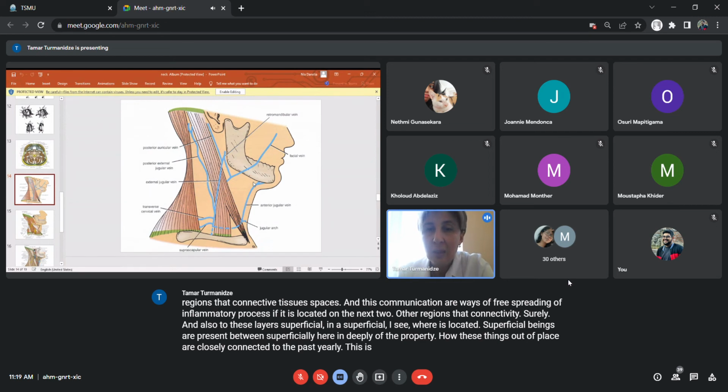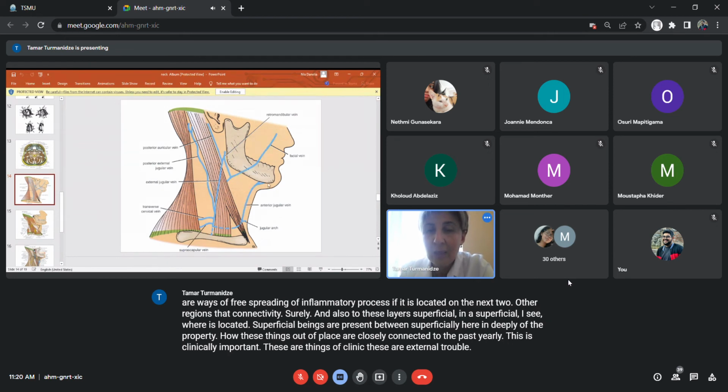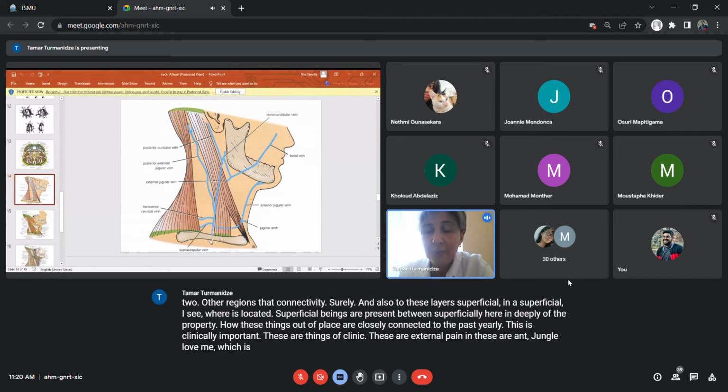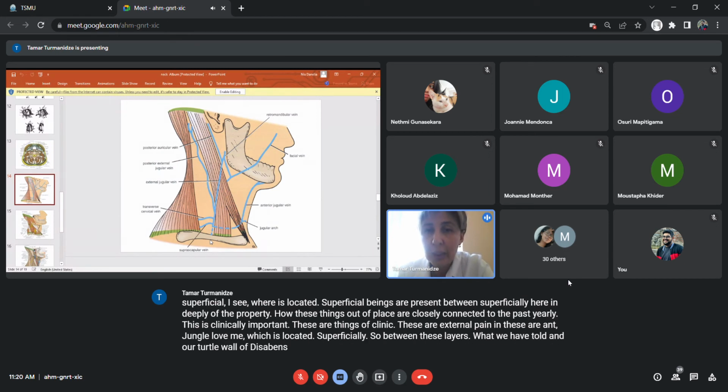This is clinically important. These are the superficial veins of the neck: the external jugular vein, and the anterior jugular vein, which is located superficially.